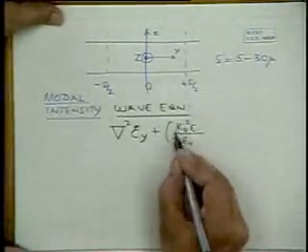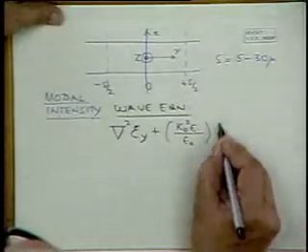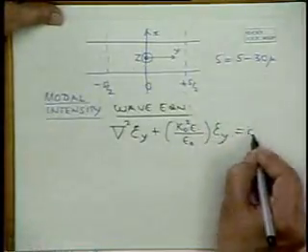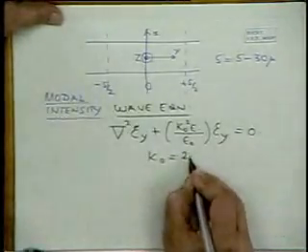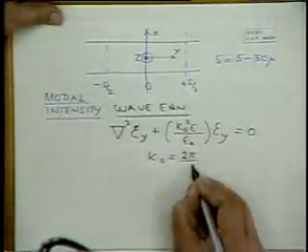Epsilon is the dielectric constant of the medium, where k0 is the free space 2 pi by lambda.